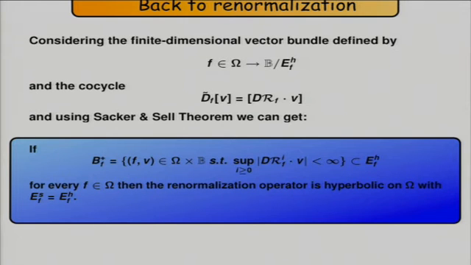So I now get a finite dimensional vector bundle, and the horizontal directions are invariant by the derivative of the harmonization operator. So I can take the quotient of the action of the derivative of the harmonization operator, and I get a finite dimensional cocycle. And I can apply the result of Sacker and Sell.